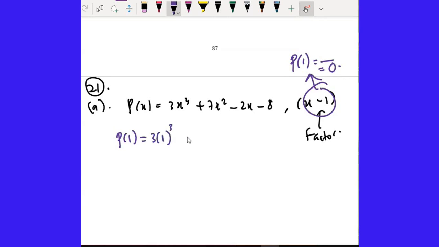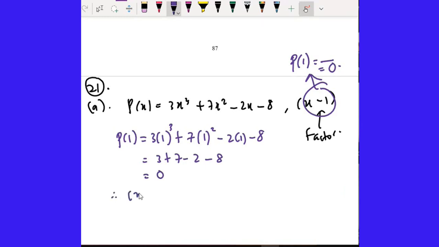Show this step. Substitute 1, because x is the variable. And then show it is equal to 0. 3 plus 7 minus 2 minus 8 is equal to 0. Then make a conclusion.